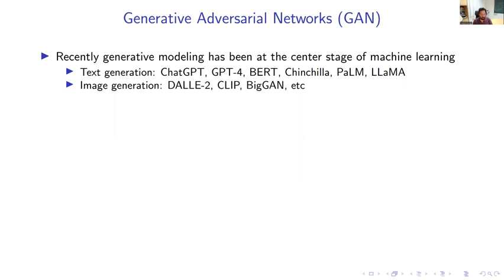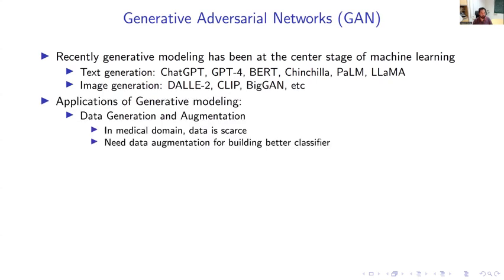And similarly for image generation, some new developments have happened in the past 2-3 years. For instance, DALL-E 2 from OpenAI is an image generative model, and then we have Imagen from Google, and we have other variants like GAN and very recently GigaGAN and so on.